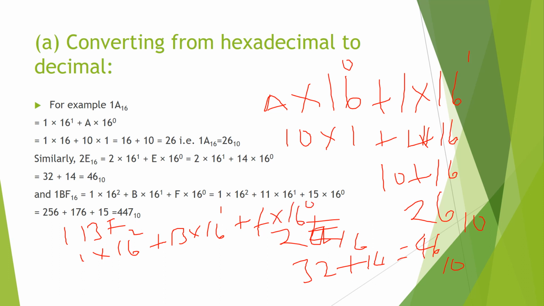And remember here in this case, 16 squared is a 256, then plus B is equivalent to 11, so 11 times 16 becomes 176, and then F is equivalent to 15 times 1, which is equivalent to 15. If you add, you get 447 base of 10.